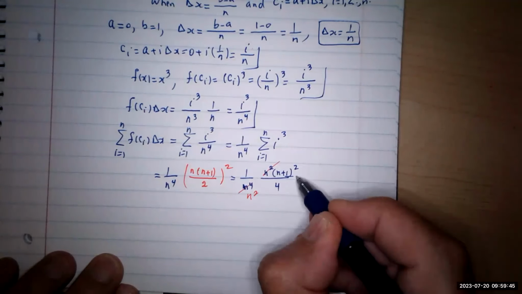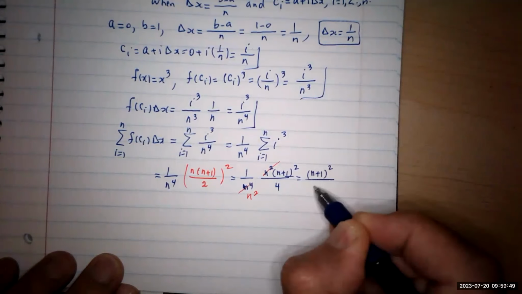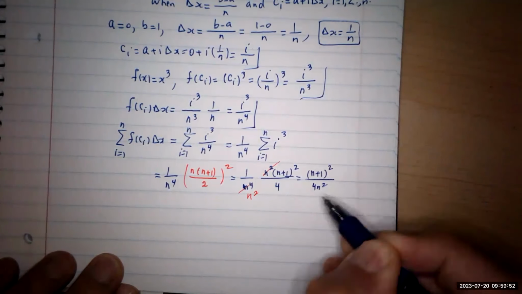The result is n plus 1 squared divided by 4n squared.